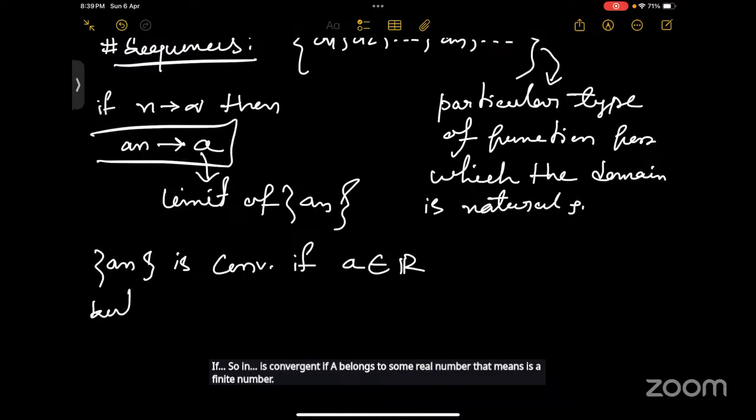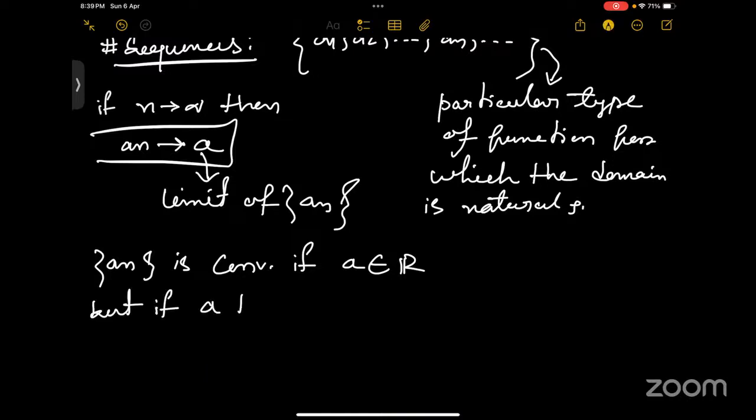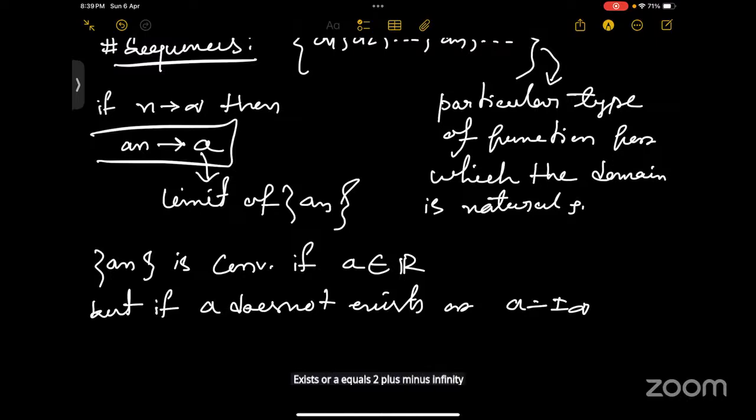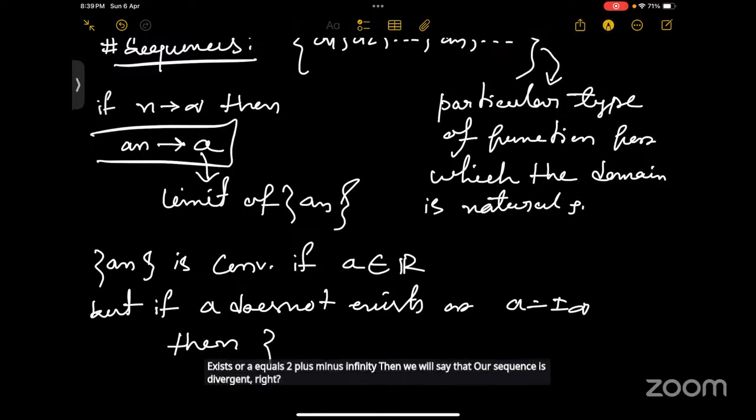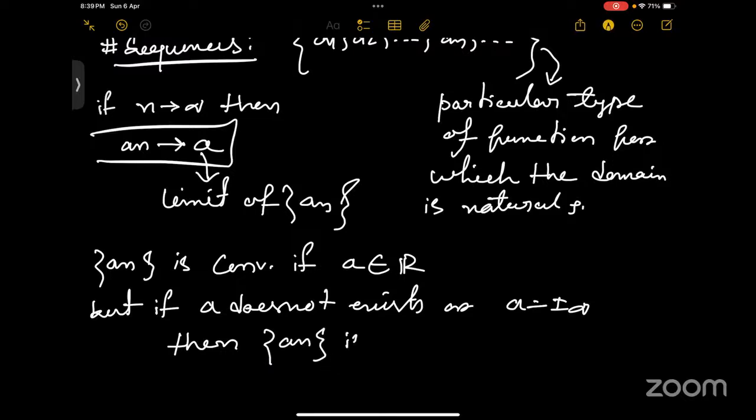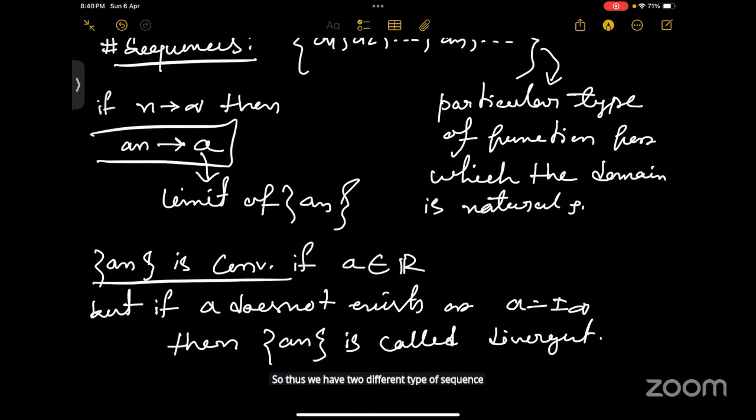But if such an a doesn't exist, or a equals plus or minus infinity, then we will say that our sequence is divergent, right? Thus we have two different types of sequence. One is convergent and the second is divergent.